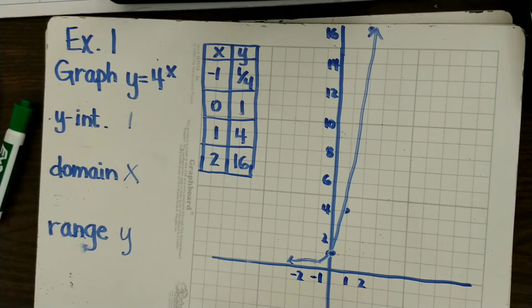Then it asks us to talk about the domain. So if we're looking at the domain, which is our x-axis, the graph keeps going on the left, so it gets smaller and smaller and closer to the x-axis.